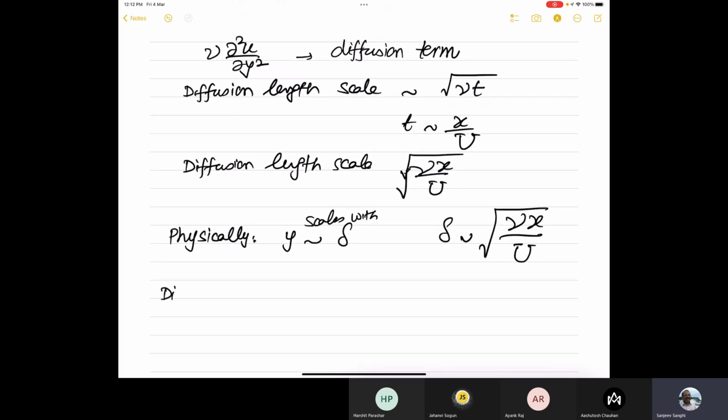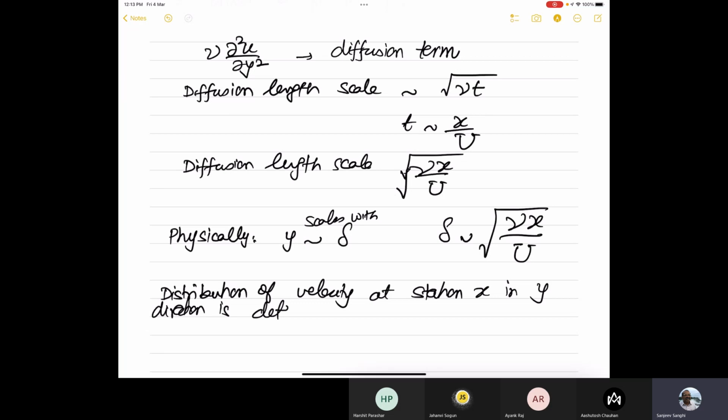Now the distribution of velocity at any station x in the y direction is determined by the viscous diffusion, because this is what viscosity does in the y direction. The velocity distribution is smeared by viscosity.